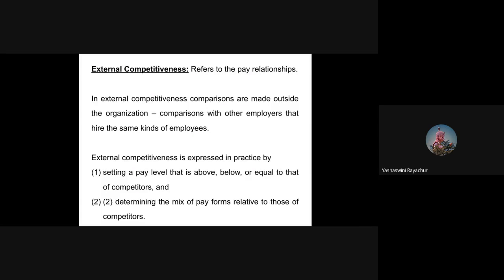Now, comparison is made with other employers that hire the same kind of employees. The same type of employees are available in different organizations for the same type of job, with the skill, knowledge and experience those people possess.